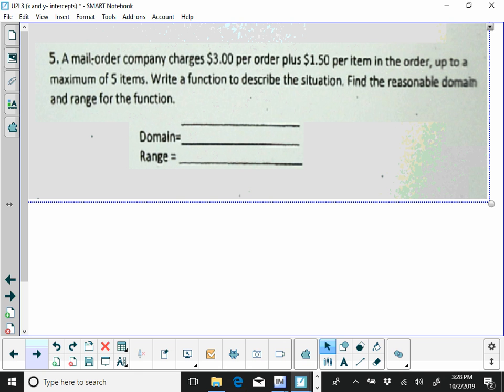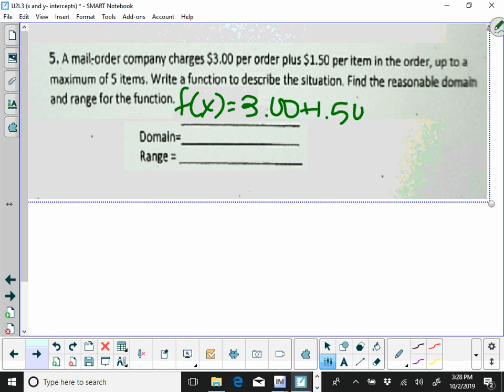A mail order company charges $3 per order plus $1.50 per item in the order, up to a maximum of 5 items. So your function is going to be the $3 per order plus $1.50 per item. Up to 5 items, so our domain is going to be from 0 to 5, and again, that's going to be integers.